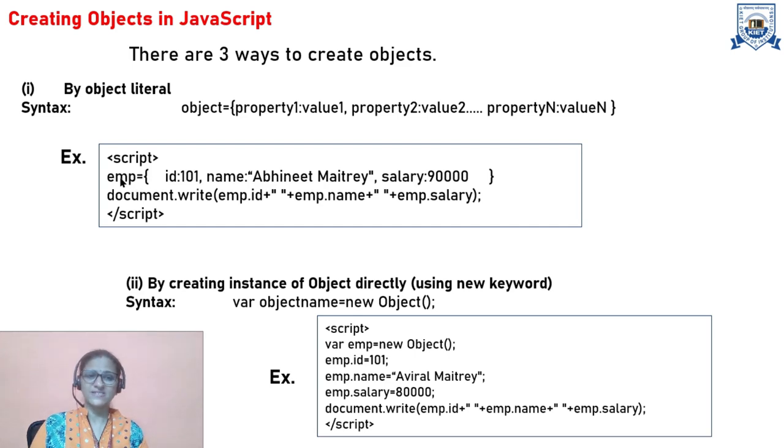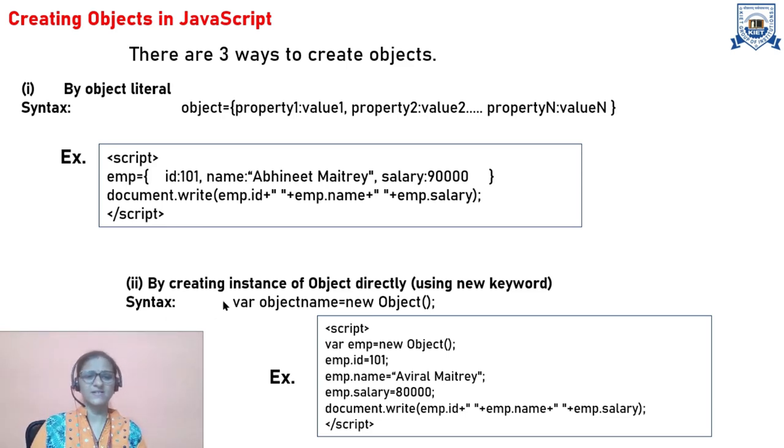So the name of the object is emp. emp.id, when displayed, will give the value associated with this property. emp.name will display the value associated with this property. emp.salary will display the value 90,000 which is associated with this property. Okay, this is the first way.